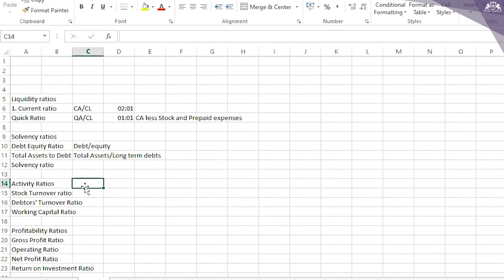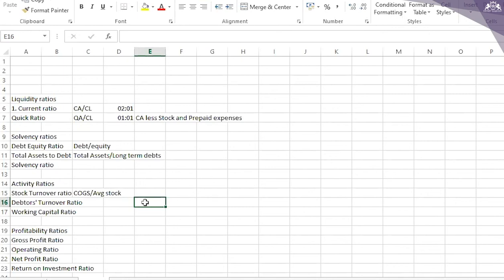Then, stock turnover ratio. What is stock turnover ratio? Cost of goods sold divided by average stock. That means how quickly do I sell my stock?